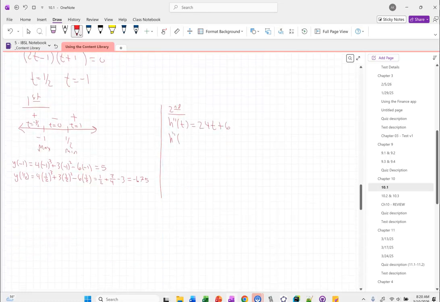And then we just plug in our values. We find the same conclusion. We do the same thing and plug in the values.